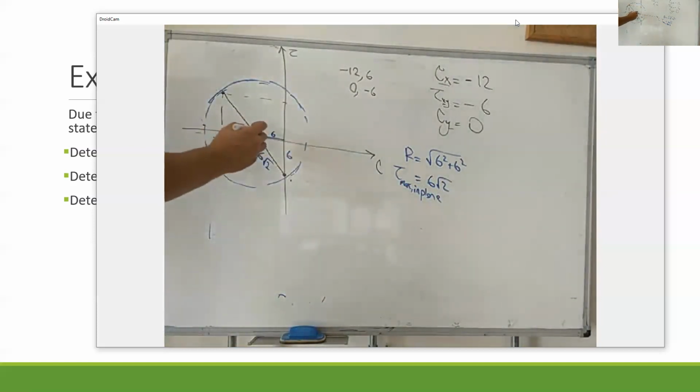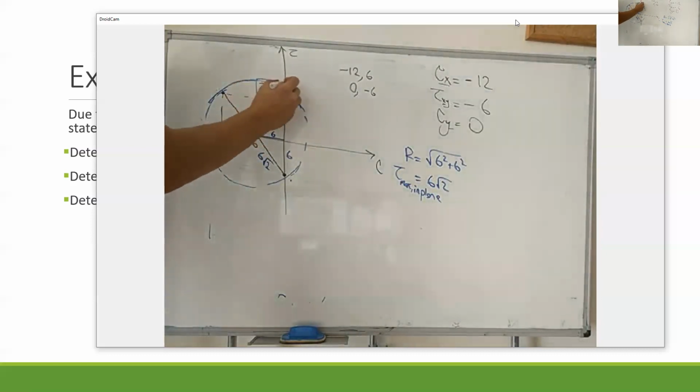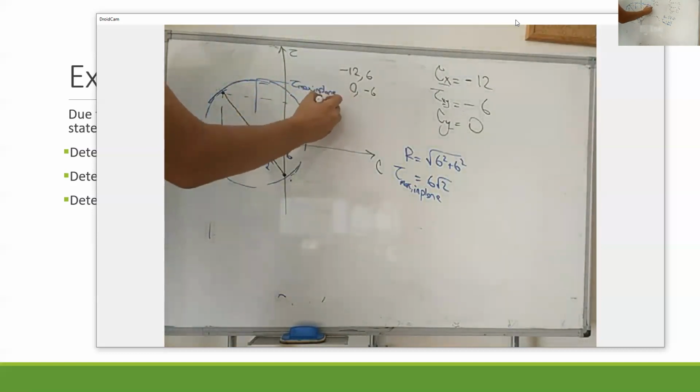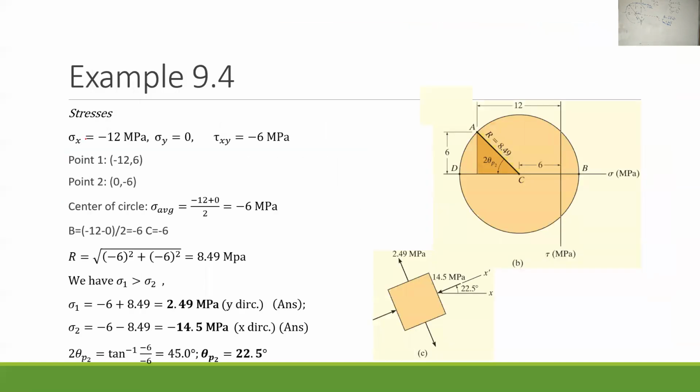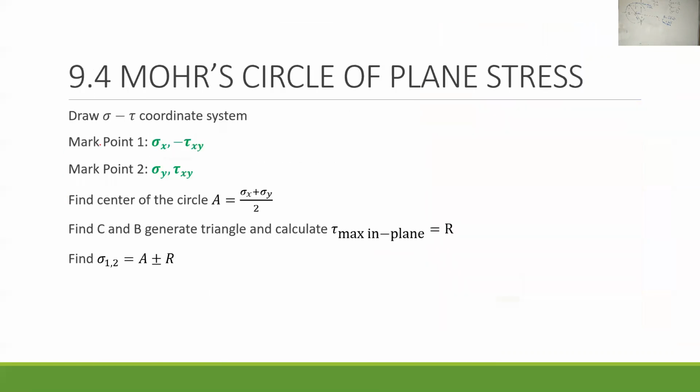So my maximum in-plane shear stress is equal to 6 times square root 2. I can calculate this using my calculator. Where is it? Yes, 6 times 1.414.